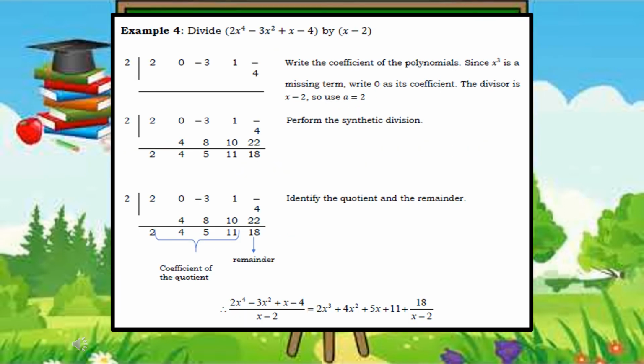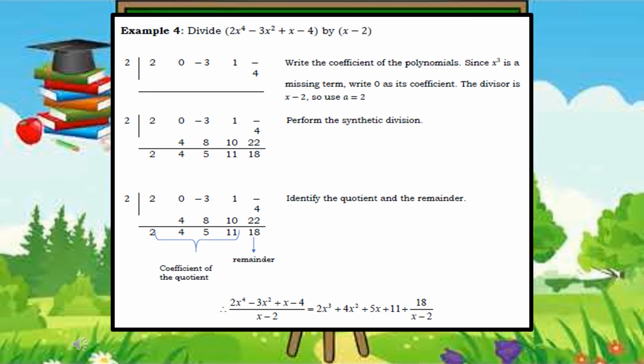Another example, we have 2x raised to the 4th power minus 3x squared plus x minus 4. We can see here that the polynomial was arranged in descending order of the powers. Since x cubed is the missing term, we're going to write 0 as its coefficient.